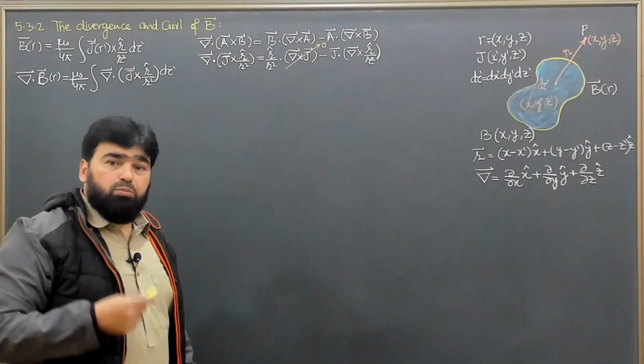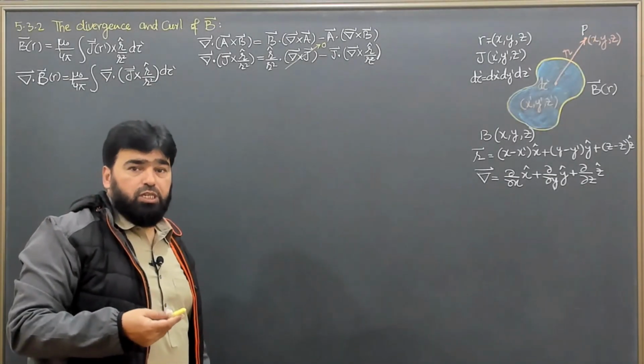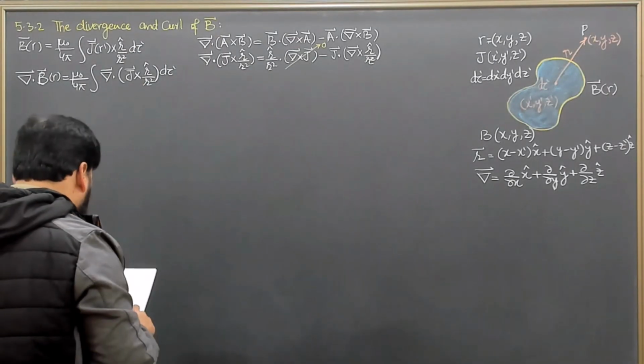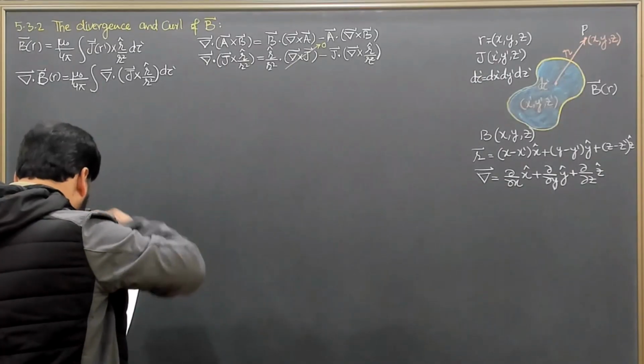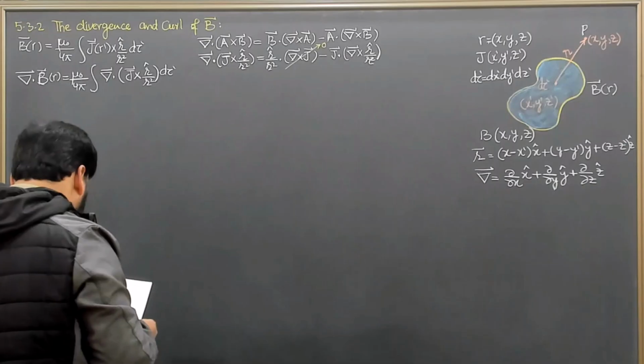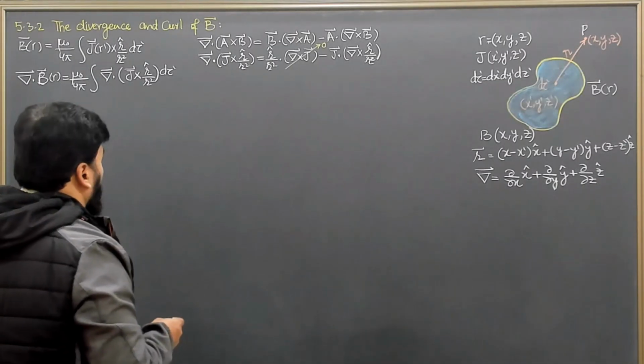For unprimed coordinates J will be treated like a constant, so it has no curl, no dependence here, and that's why we will have this J term equal to 0.